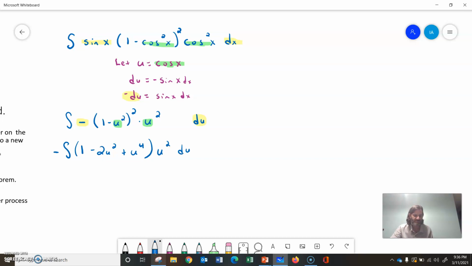It's a mess, but let's see here. If we distribute this u squared through, we've got negative integral of u squared minus 2u to the 4th plus u to the 6th du. Look at that. That is a sweet little polynomial that you can use reverse power rule on.